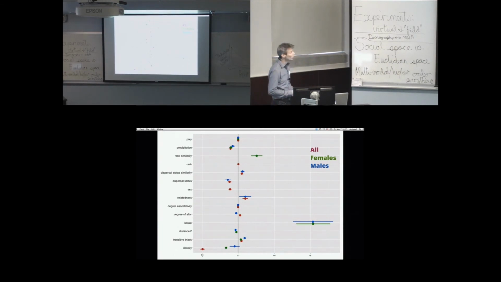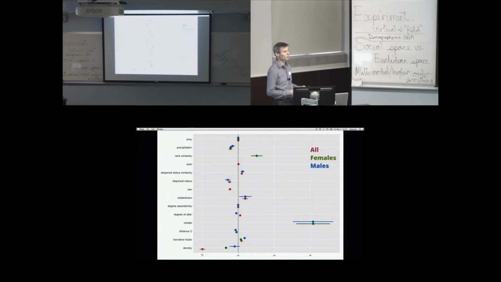So the results are by color for all, females and males. One thing that we see here is that for the female and male networks, the tendency to be an isolate is very strong. Just to remind you, since this is a binary network formed using a threshold, it doesn't mean that they are not connected to anyone.